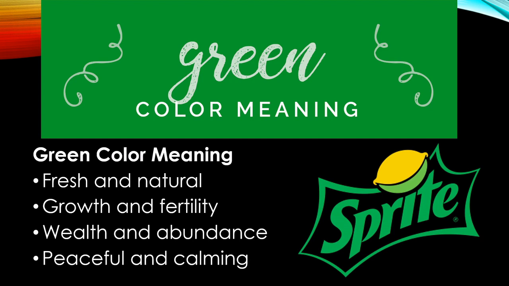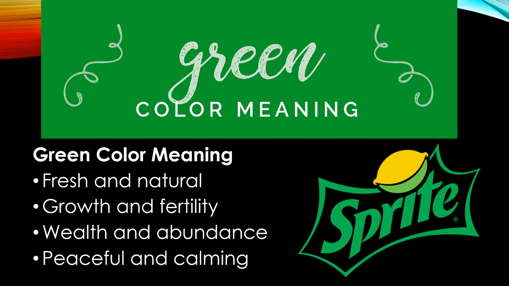The logo itself is used to help support the thought that it is a natural, healthy alternative to some of the other drinks that you may choose. Now, even if it is healthy or not, that's left up to debate, but the logo itself is made to show its natural qualities.